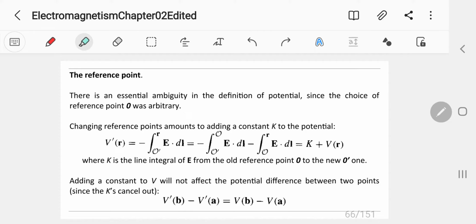And so we can set that at infinity the potential is 0. But for the potential difference, you may choose any reference point. It doesn't really affect the potential difference.